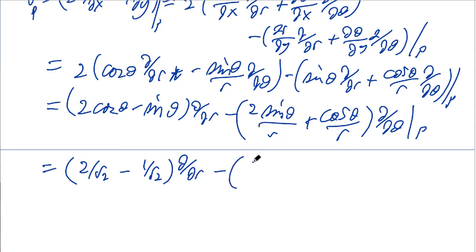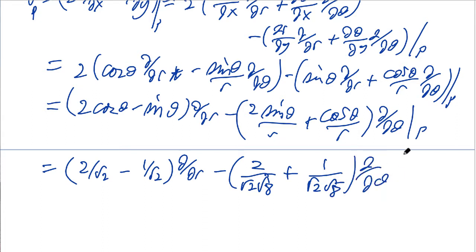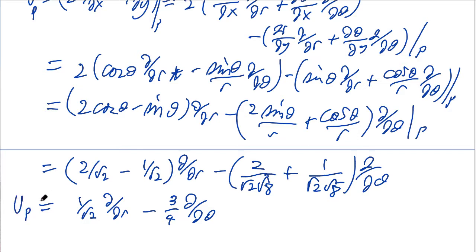So this would be 2 divided by the square root of 2, and r is square root of 8, and this is 1 over the square root of 2 times square root of 8 d by d theta. So here we have 2 minus 1 is 1. That's 1 over the square root of 2 times d by dr. And this is 3 divided by square root of 16, which is 4. That's minus 3/4 d by d theta. So this is the vector v at the point P.